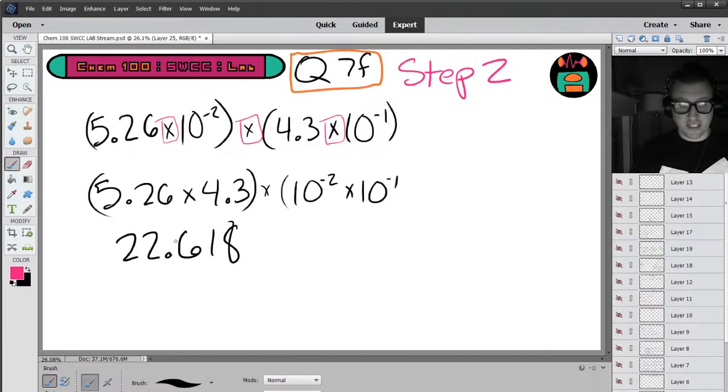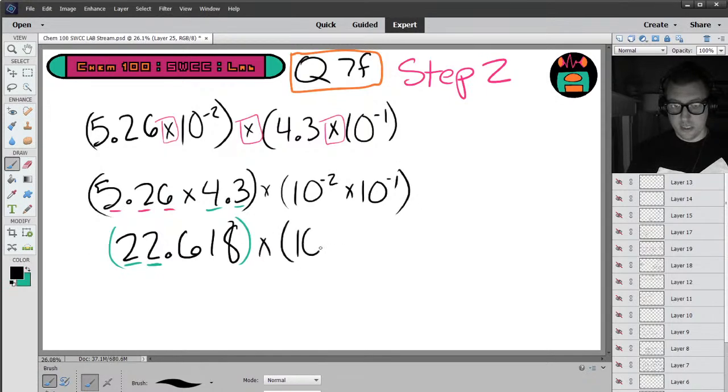Now, when you look at your sig figs here, 5.26 has 3, 4.3 only has 2. We can only have 2 sig figs. So I'm going to put, again, waiting to round till the end, 2 lines here to remind myself that this number is 2 sig figs, but I'm going to leave the whole thing unrounded in there.